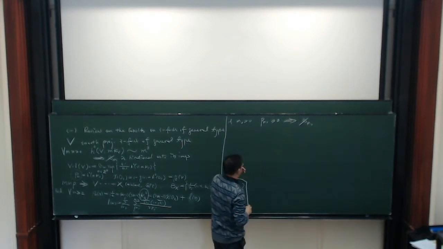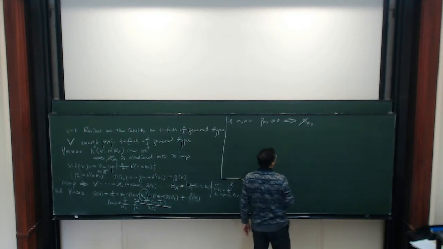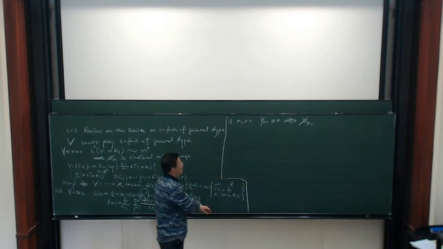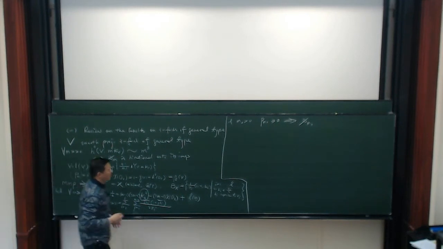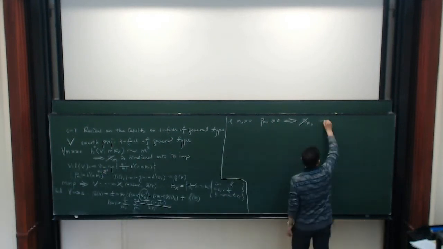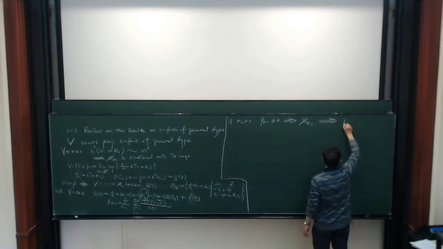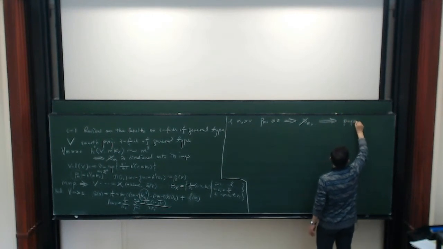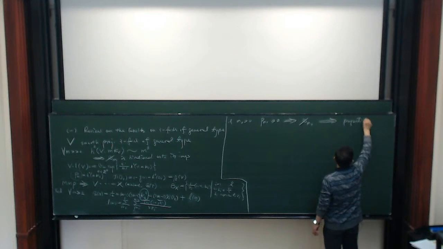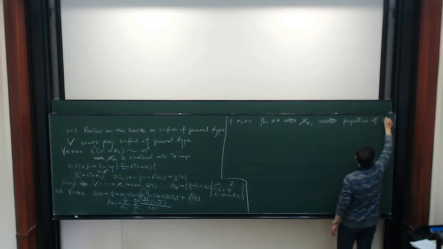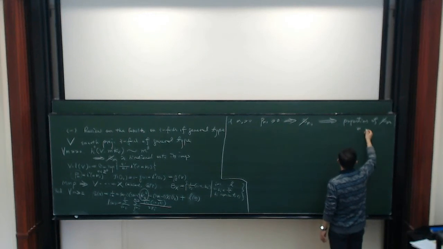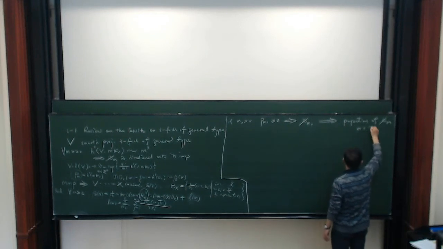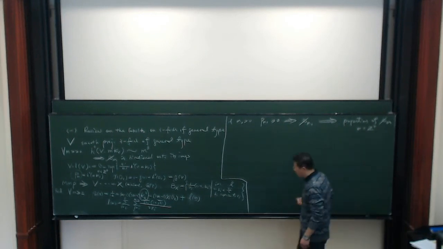And from this map, you can detect the birational property of the pluricanonical map phi m for m very large.